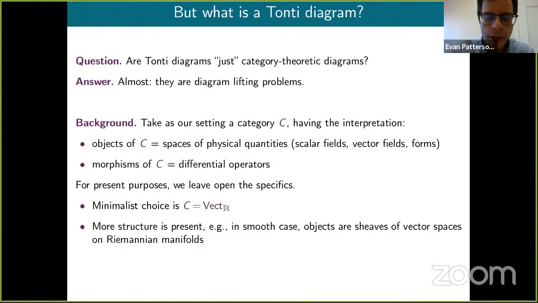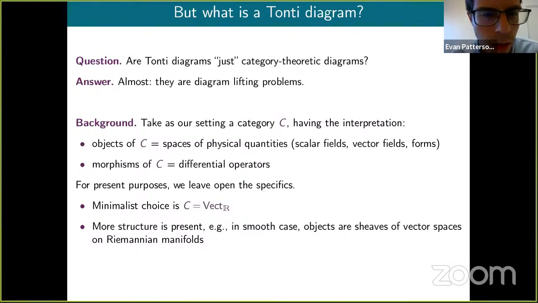If you've been paying attention in the talk, maybe you're thinking, are these just going to be category theoretic diagrams in some sense? The starting point of an answer is almost, but what they really are is describing a kind of lifting problem, which is associated with a diagram.